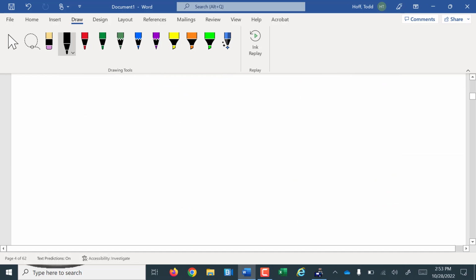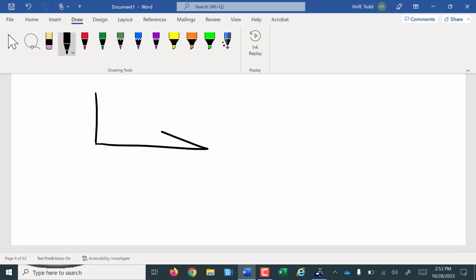So if I have something that, let's say that this is 18 inches by 42 inches. I can find that area by doing what?